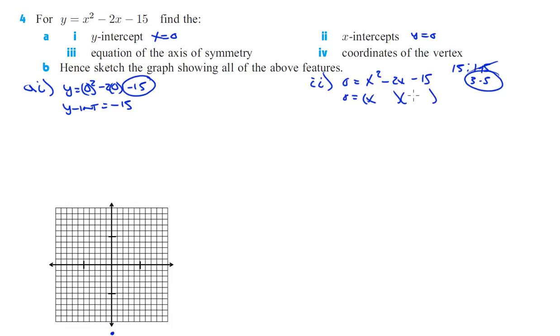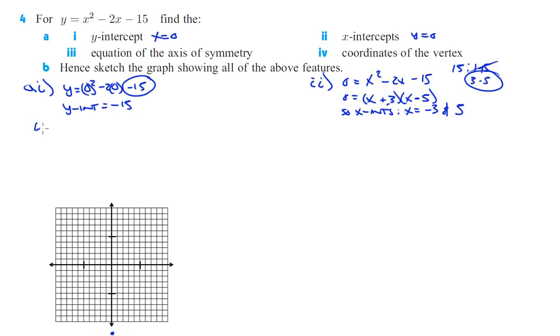So we got x and x, 3 and 5. They have to add up to -2, so that's going to be -5 and +2. So x-intercepts are at x equals -3 and +5. Okay? So that's part 2.